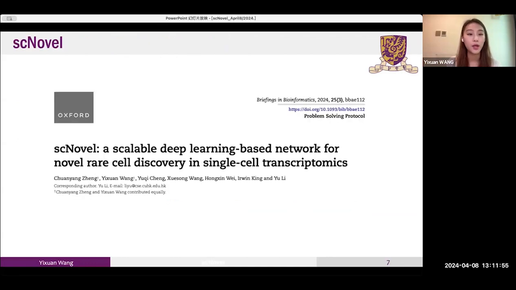So we proposed a scalable deep learning-based network especially for novel rare cell discovery called scNovel, and this work was recently accepted by Briefings in Bioinformatics and is now available online.